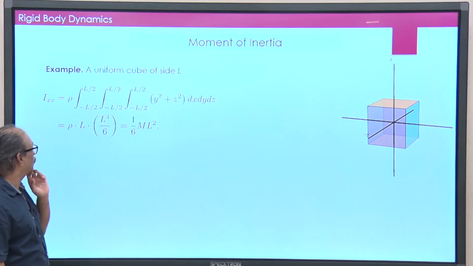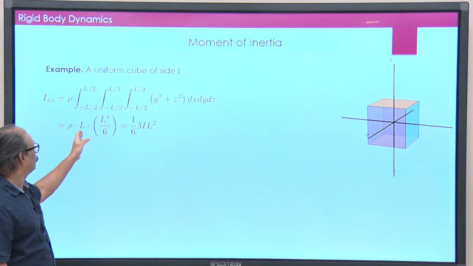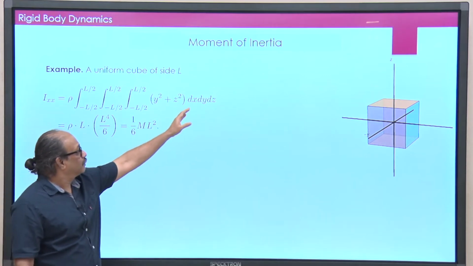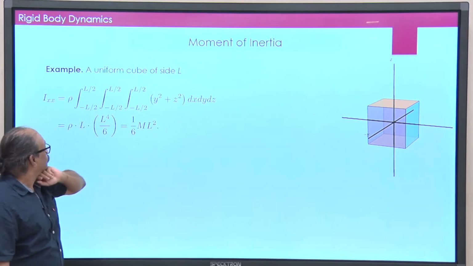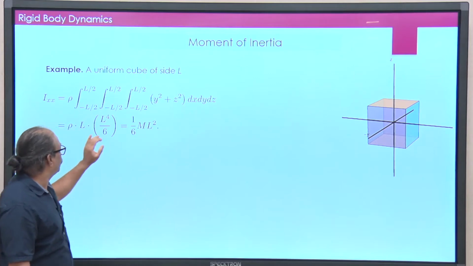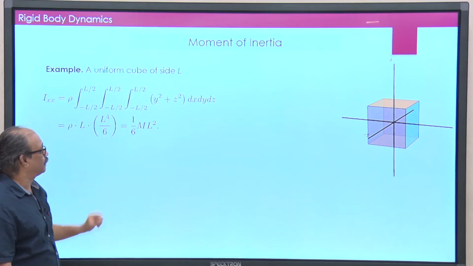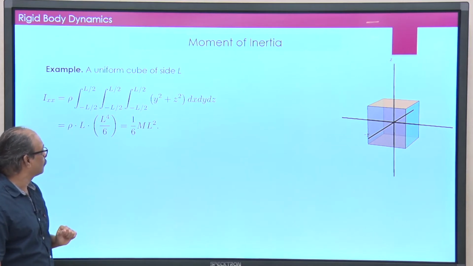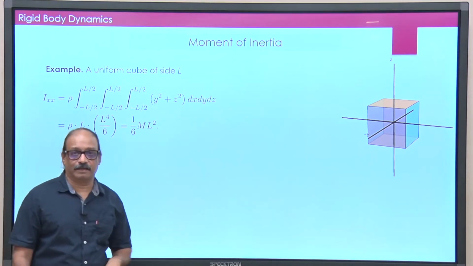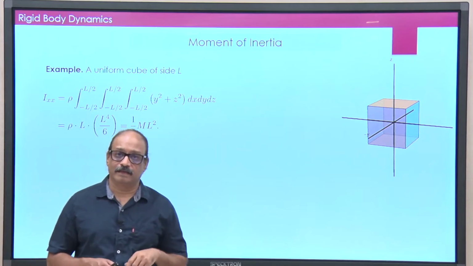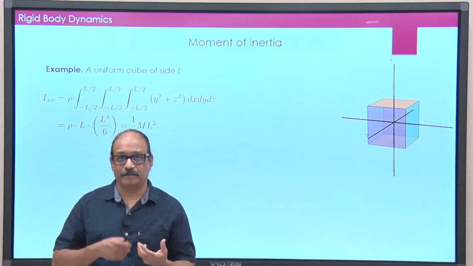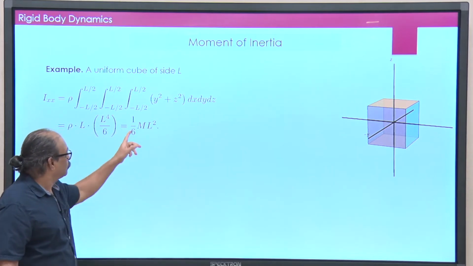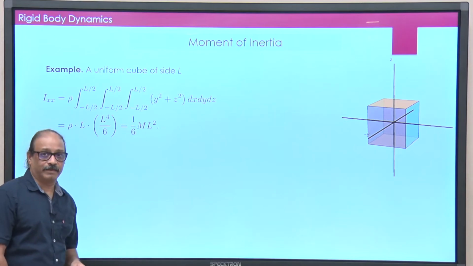If you do this integral, the x integral will give you L, and the dy and dz integrals together will give you L square times L to the power 4 by 6, and then you use the fact that your density is nothing but total mass divided by L cube, that gives you the formula 1 over 6 ML square.